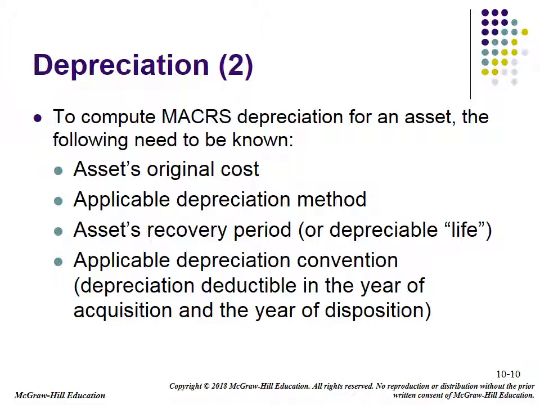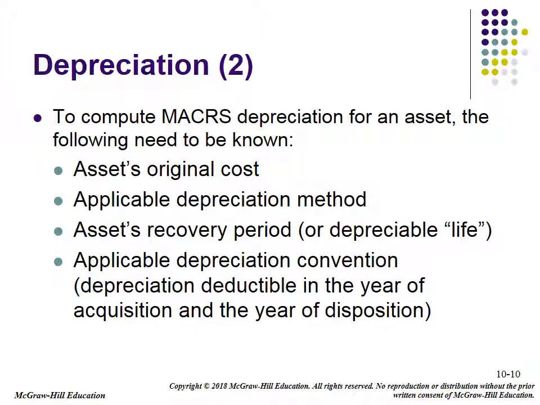To compute MACRS depreciation for an asset, the following needs to be known: the original cost, what type of depreciation method you're going to use, because you actually have two to choose from, and how long the asset's life is. Different from financial accounting, we don't get to decide the asset's life based on how long we plan on using it in our business.